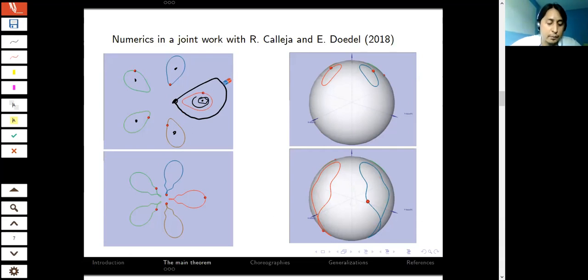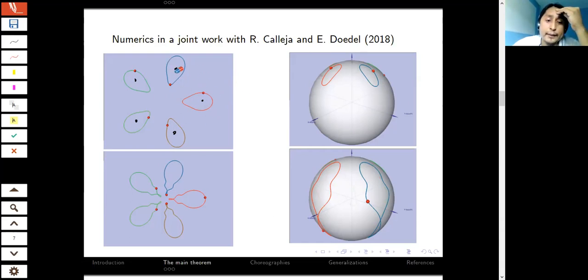Okay, so that's the content of the global bifurcation, which really requires a topological argument. The topological argument is given by the degree theory.